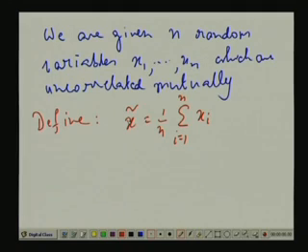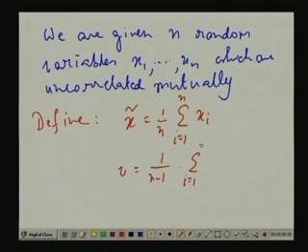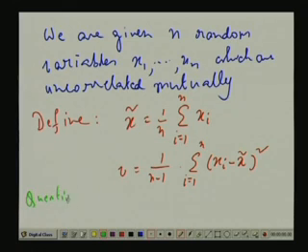Okay. And similarly define a random variable, say v, as 1 by n minus 1 times the summation of (x_i minus this x tilde) squared. Okay. Question is, what is E of x tilde equal to?